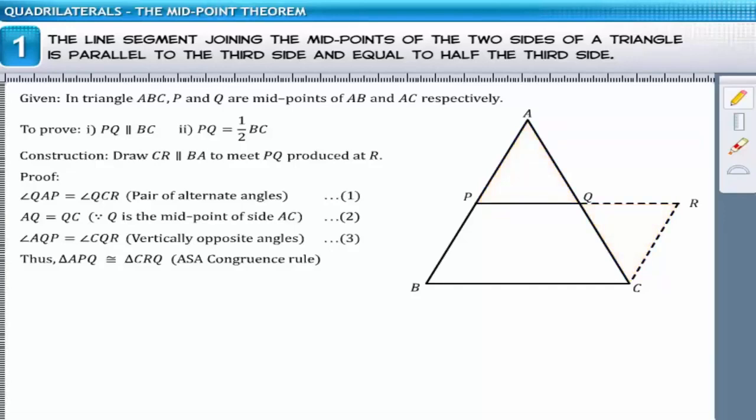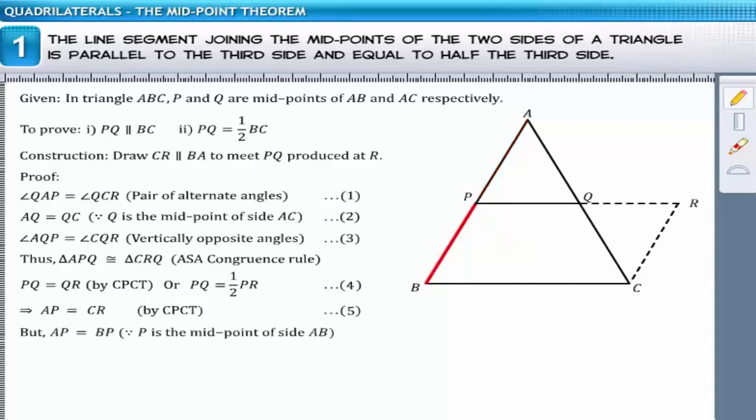Now, since the corresponding parts of congruent triangles are equal, PQ is equal to QR, or PQ is equal to half of PR. Also, AP is equal to CR, but AP is equal to BP, since P is the midpoint of the side AB.